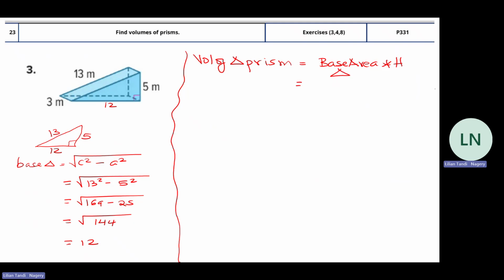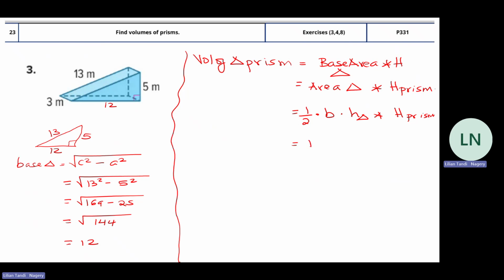The shape of your base is a triangle. How do you get area of triangle? You get area of triangle by doing half times base times height of triangle, times height of prism.